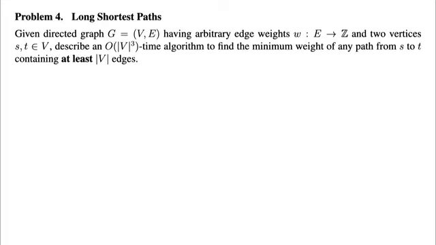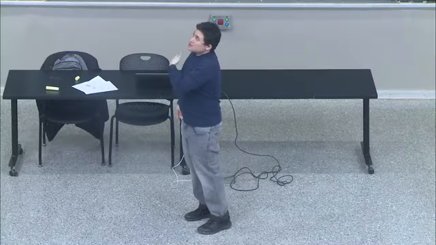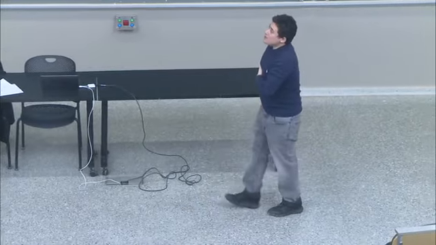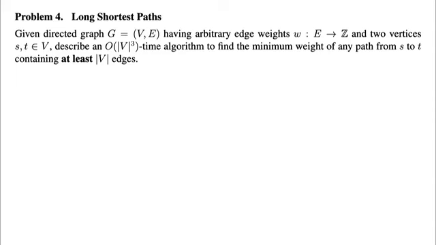I can just run Bellman-Ford on this graph. I have enough time to do that because E is upper bounded by v squared, and I have v cubed time. And if there's a negative weight cycle in my graph, I can know that the minimum weight of any path is minus infinity. I detect that that's the case if T is reachable from S with a shortest path distance of minus infinity, and the path that achieves that is going to have more than v edges.